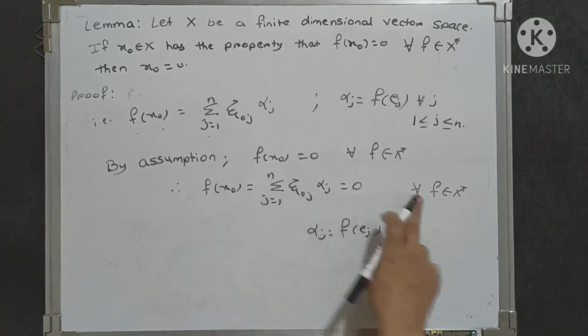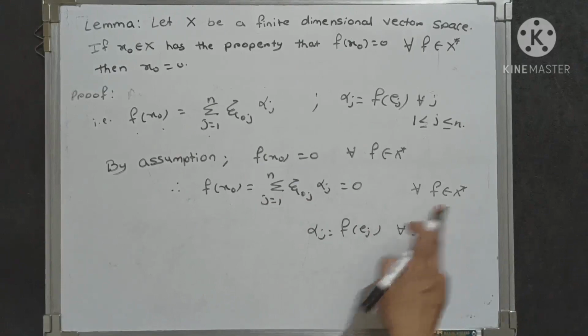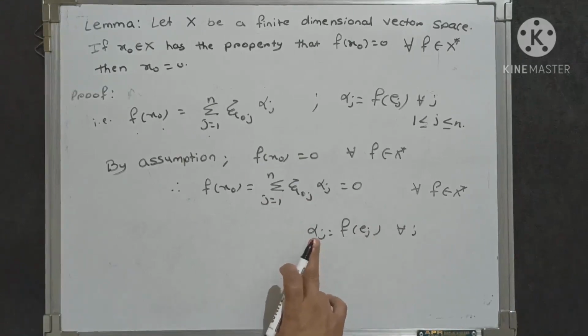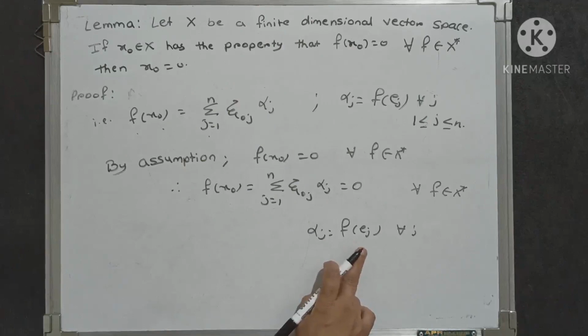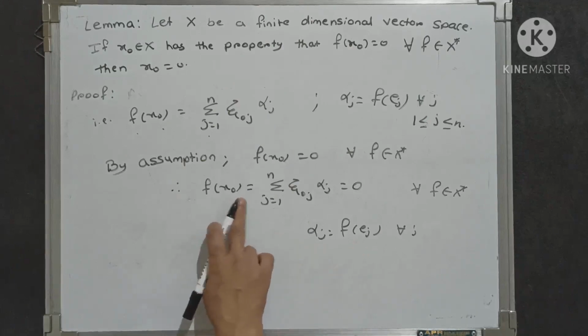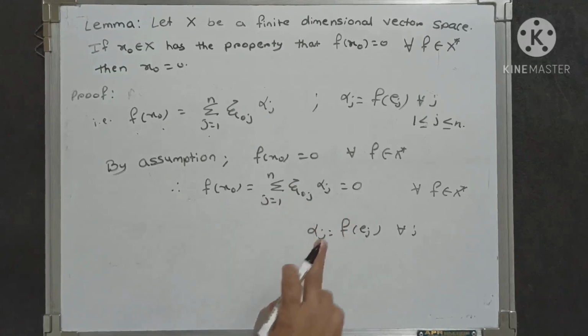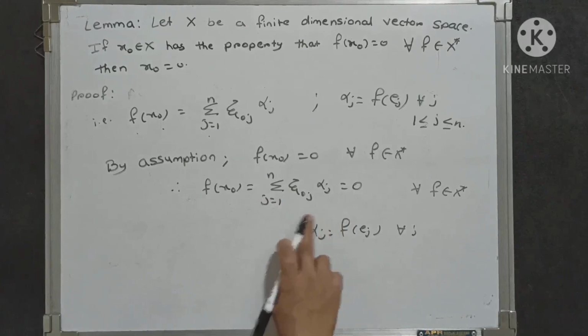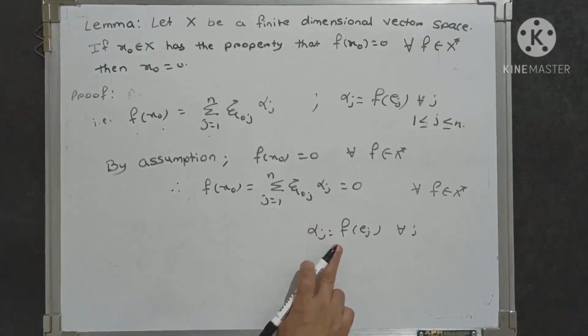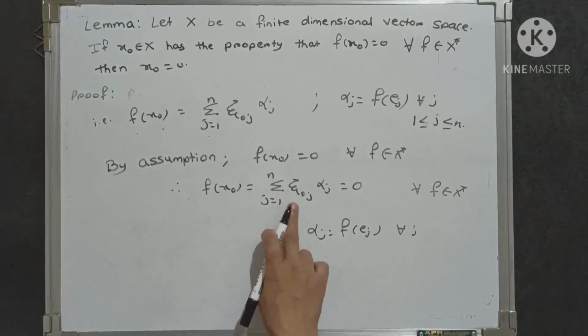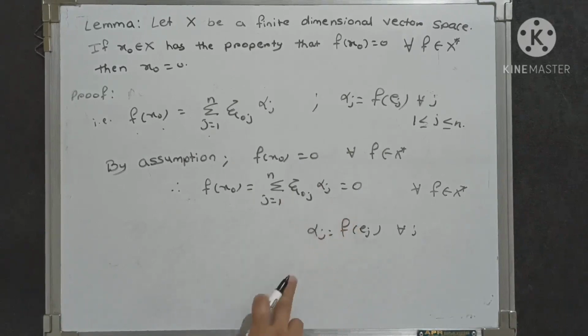This is true for every element of X star, that means it is true for every alpha j. That means for every choice of the scalars alpha 1, alpha 2 up to alpha n, we get f of x naught equals 0, that is, the summation of xi 0j alpha j equals 0.